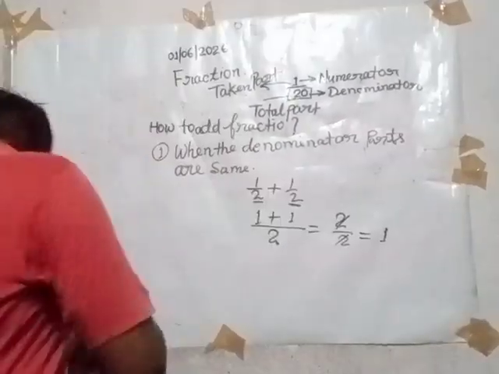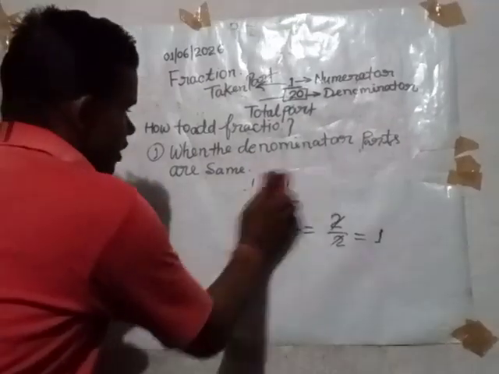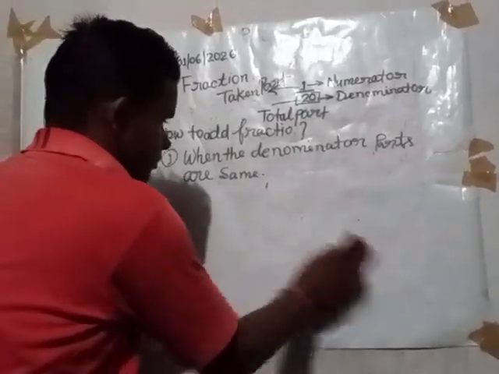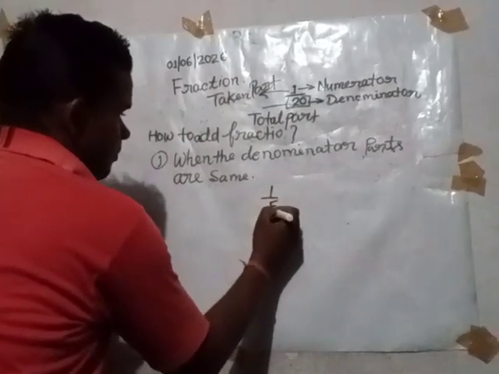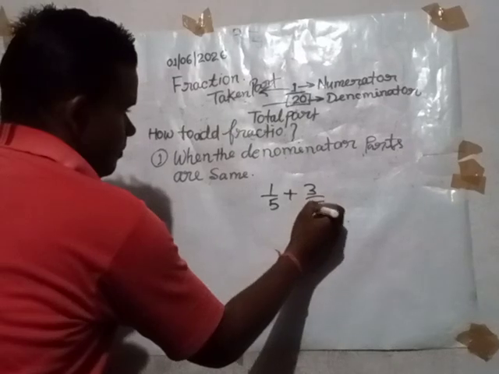It is clear. Now we try to understand with another example. Here 1 by 5 plus 3 by 5.